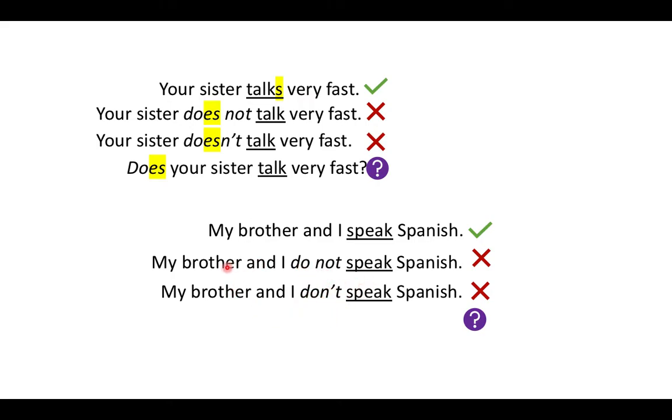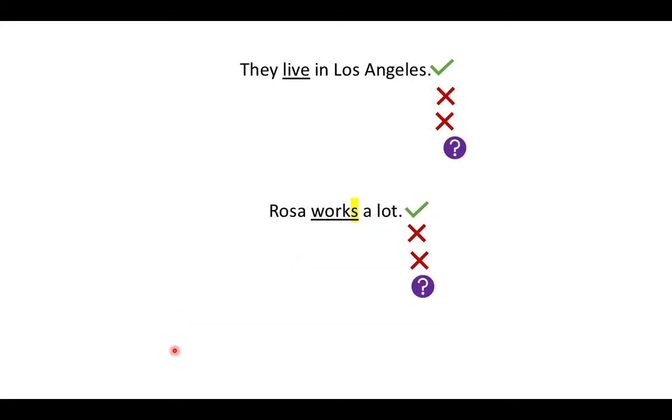So both of these sentences mean the same thing. They're just said a little differently. Do my brother and I speak Spanish? So this one, to make it a question, we took the word do and we put it at the beginning of the sentence.